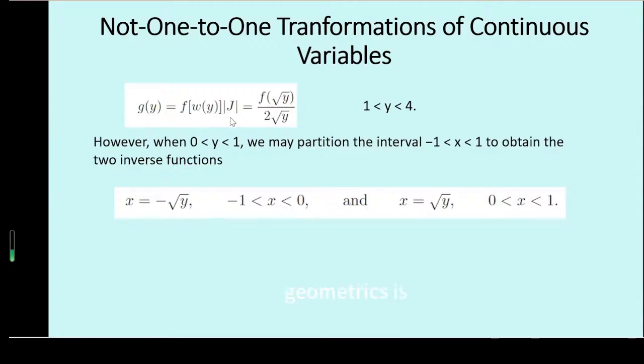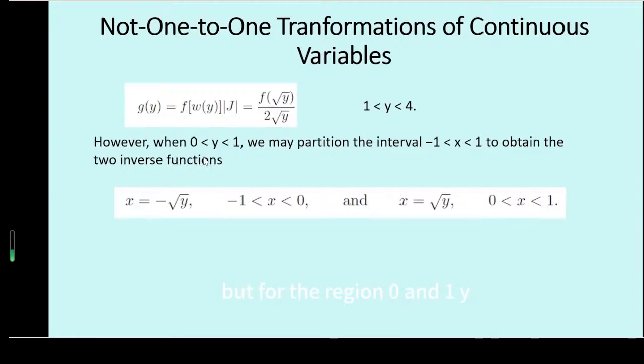The J matrix is the derivative of x with respect to y. So the final result is f of square root of y, divided by 2 times square root of y, for the region between 1 and 4.